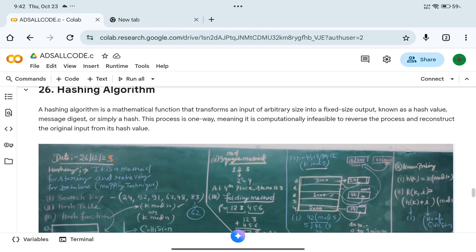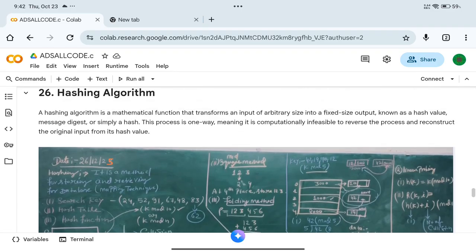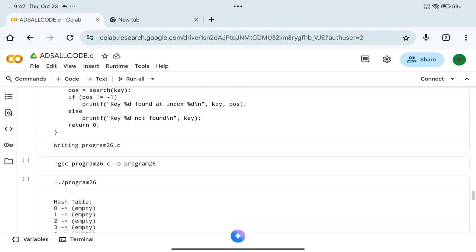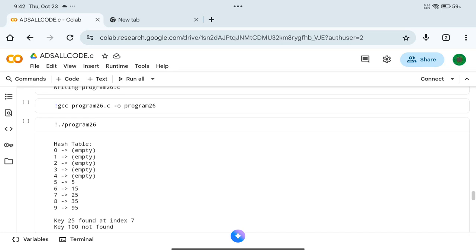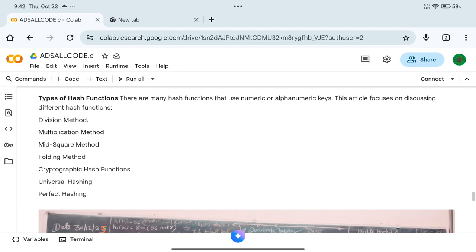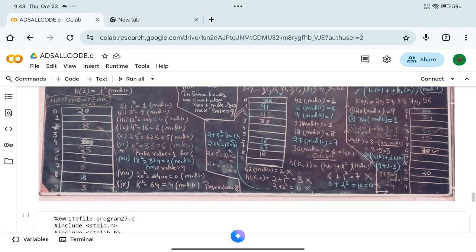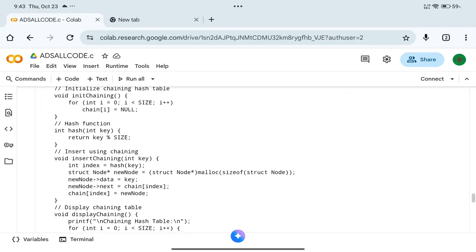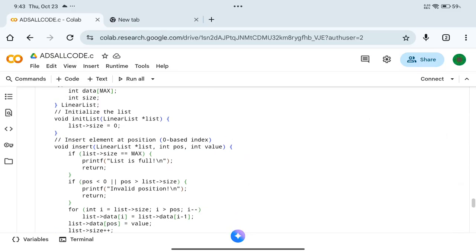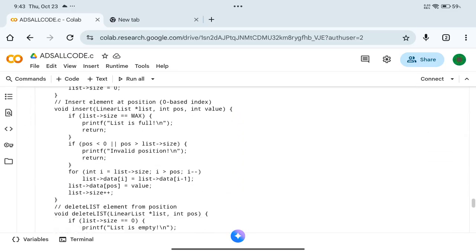We will again try to solve. You can see the hashing problem also we discussed inside the classroom. This is very easy. We completed it with the help of array as well as linked list. By both methods we did it. If you have any query, you can ask us. There are many problems we discussed during the class.